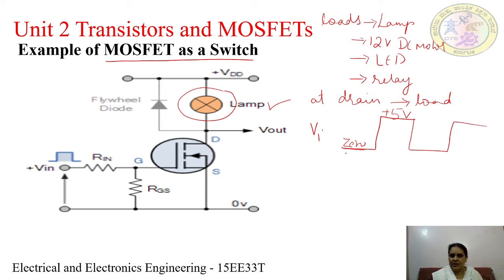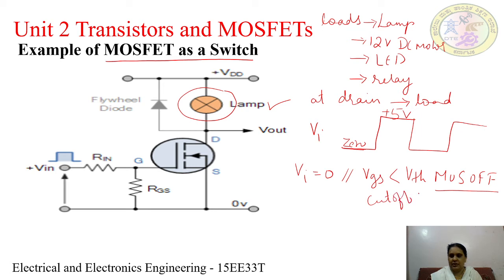So if my Vi is 0, it means that VGS will be less than VTH. Sorry, if VGS is less than VTH, the device is moved to the cutoff region and therefore the MOS is off.